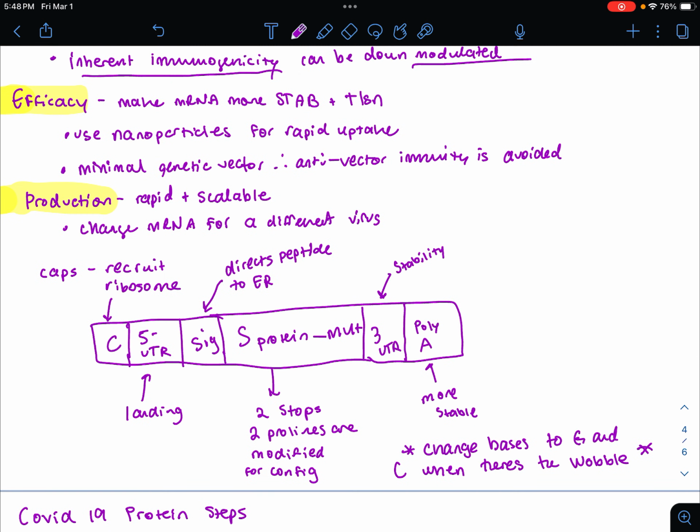You're going to have efficient in vivo delivery, formulating the mRNA into nanoparticles for rapid uptake and rapid expression in the cytoplasm. There's also the notion that mRNA is the minimal genetic vector. Therefore, the anti-vector immunity is avoided. Production: mRNA vaccines have rapid, inexpensive, and scalable manufacturing.